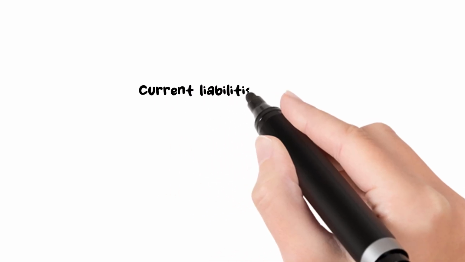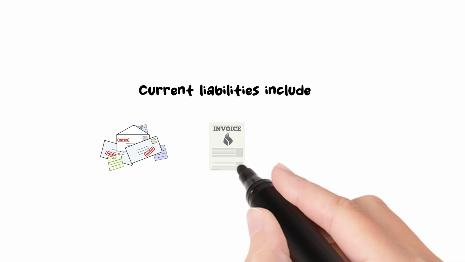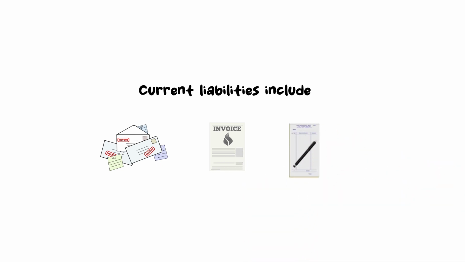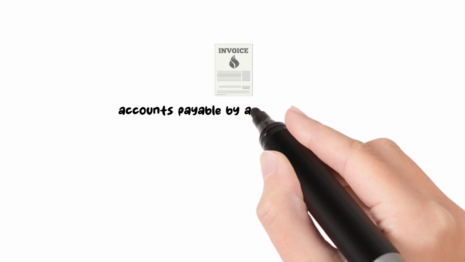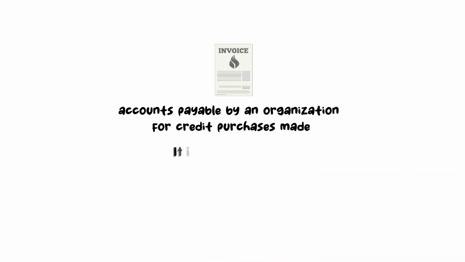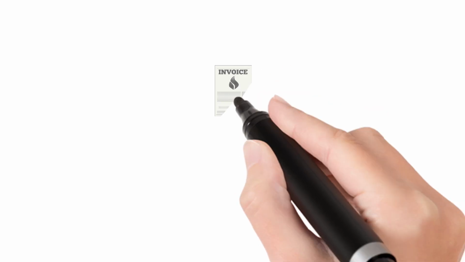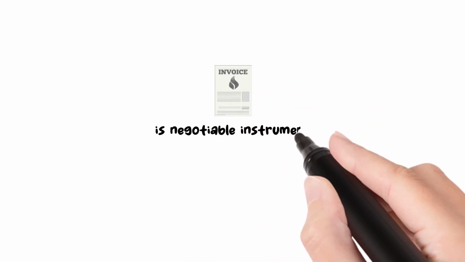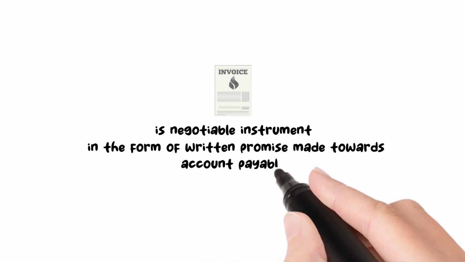Current liabilities include bills payable, creditors, outstanding expenses, etc. Creditors represent accounts payable by an organization for credit purchases made. It is also called accounts payables, trade payables, or trade creditors. Bills payable is a negotiable instrument in the form of a written promise made towards an account payable.